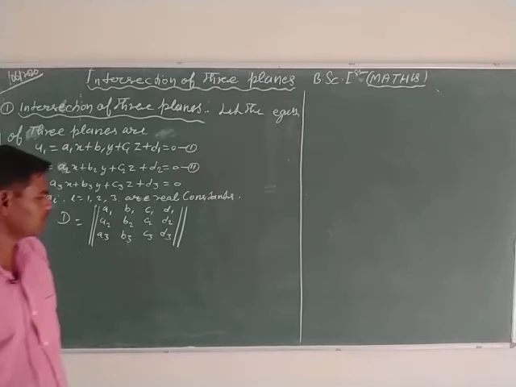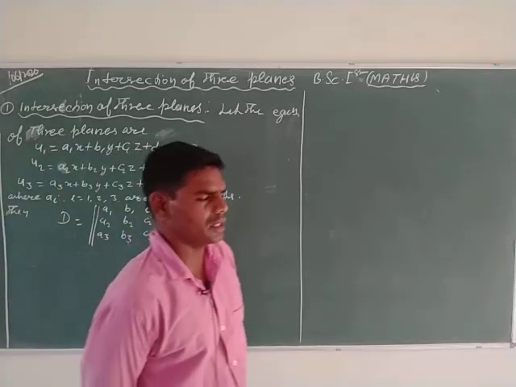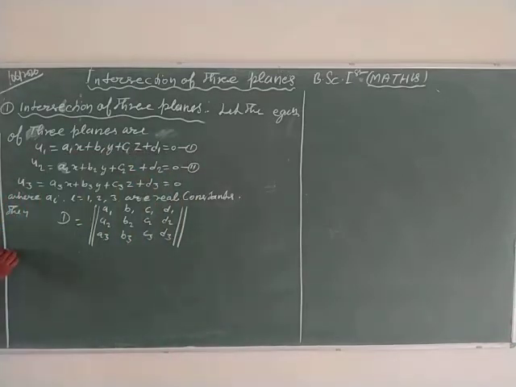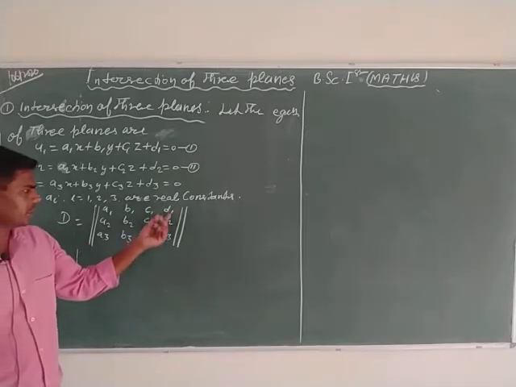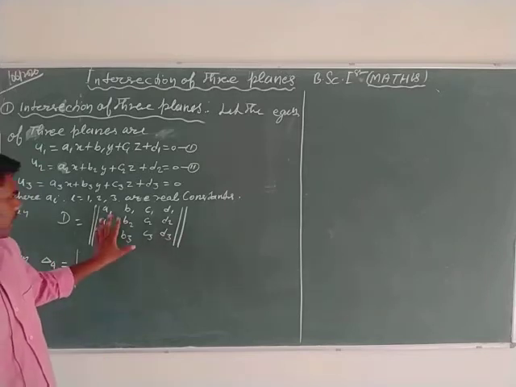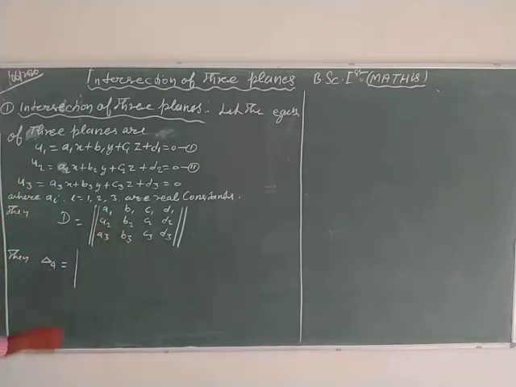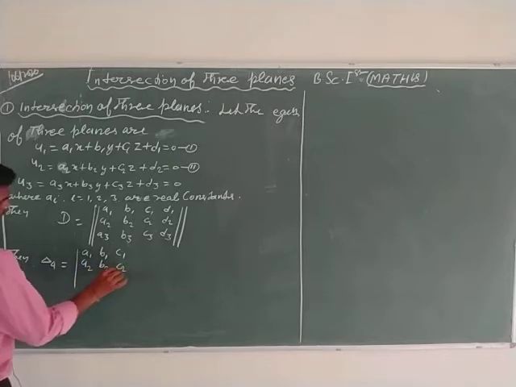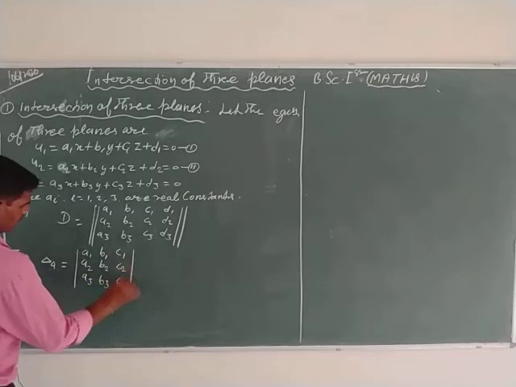After this, calculate the values of delta 4, delta 3, delta 2, delta 1. Delta 4 is obtained from capital D by eliminating the fourth column, and the remaining determinant is a1, b1, c1, a2, b2, c2, a3, b3, c3.